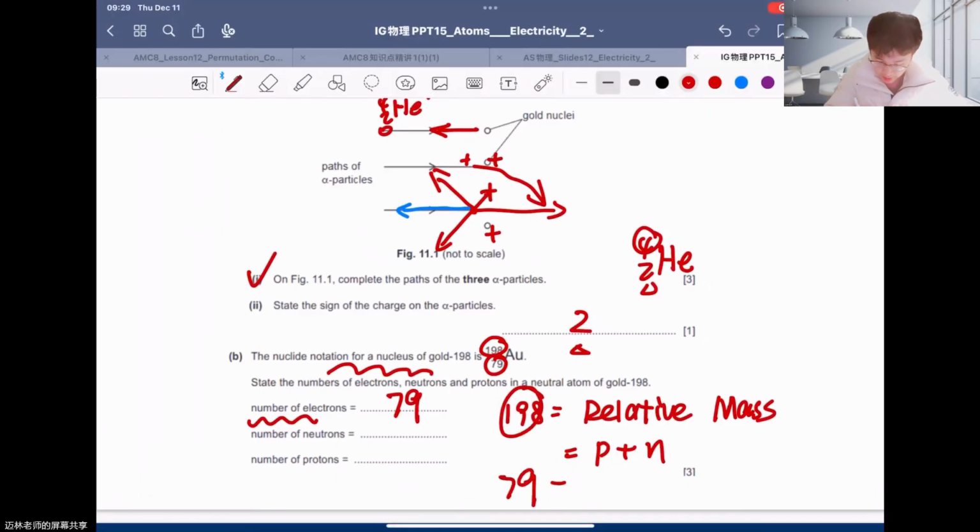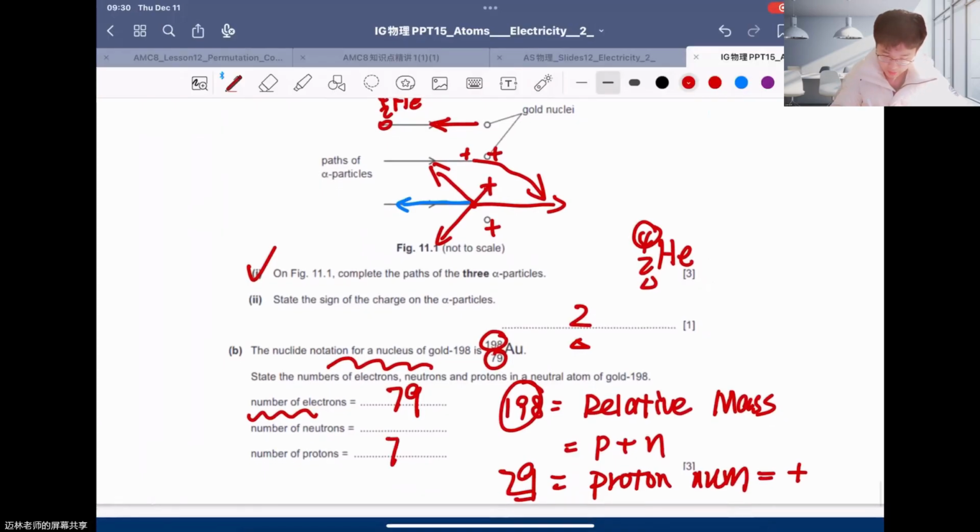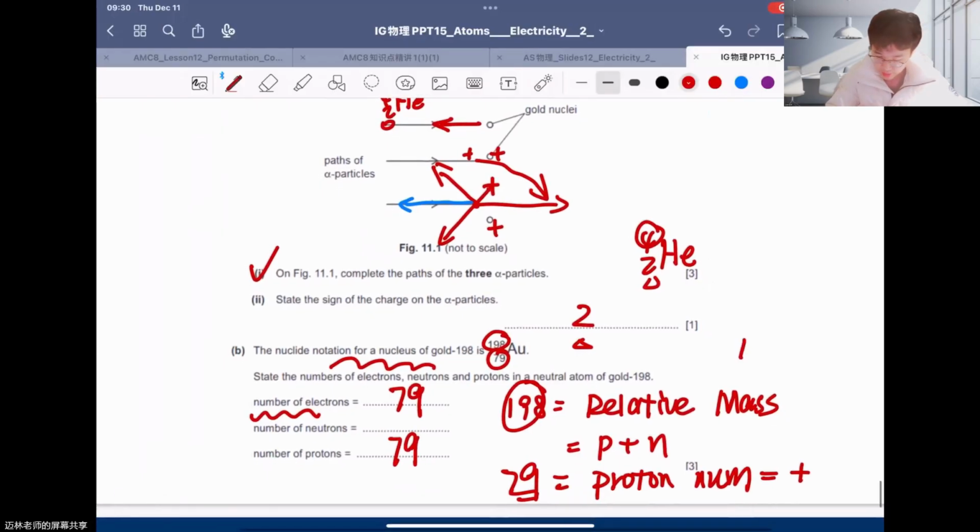And for 79, we know that 79 means the proton number, which also equals the positive charge. So here is 79. So we can say the proton number is also 79, and the neutron number is 198 minus 79, so it's 119.